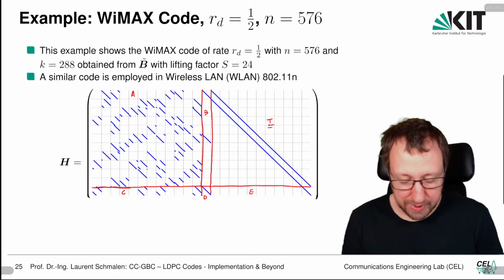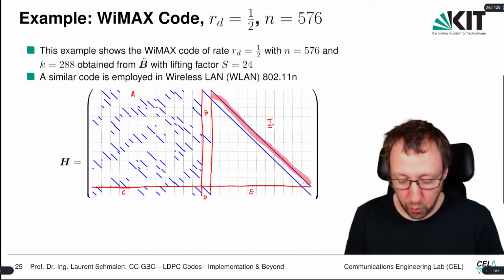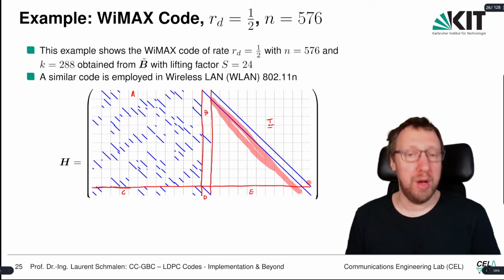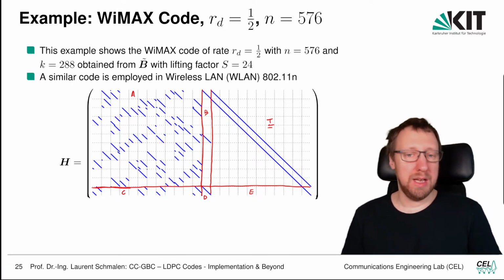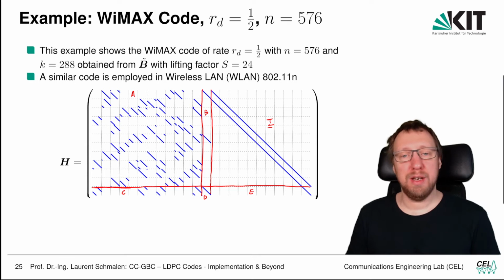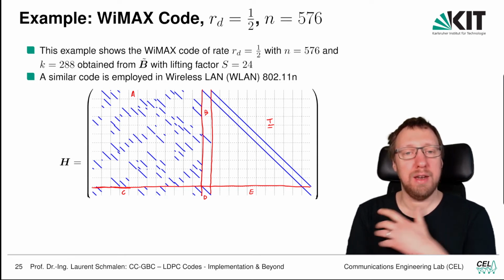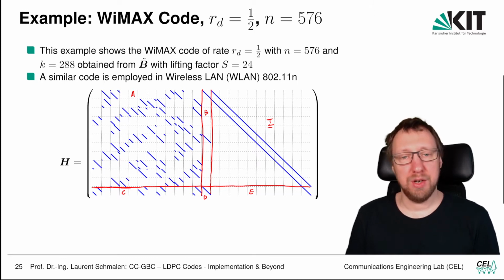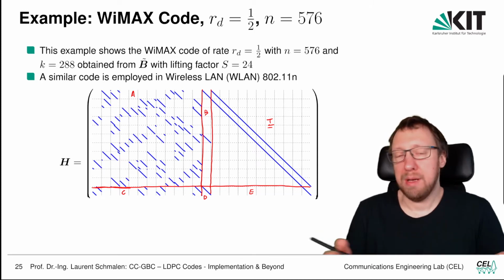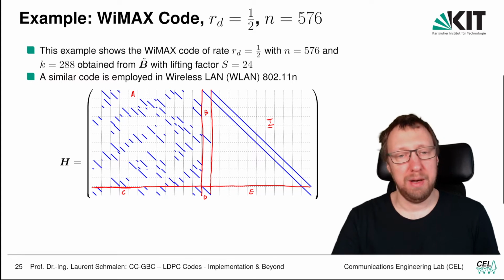Also, the matrix T has this very special dual diagonal structure that further simplifies encoding. So we don't even need to invert T because of the simplicity. You can do encoding directly by solving the system of equations very simply.